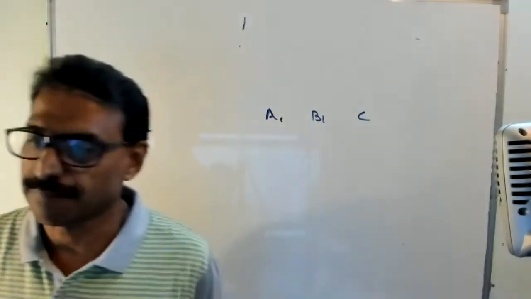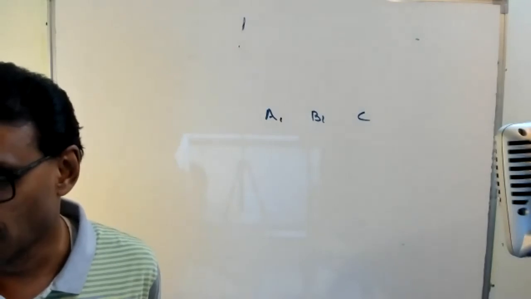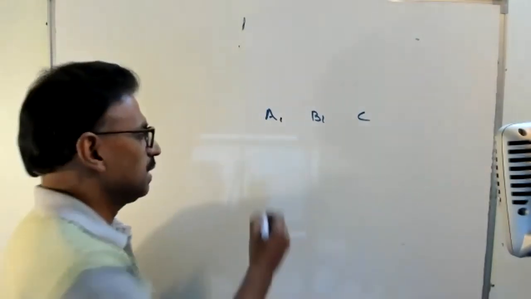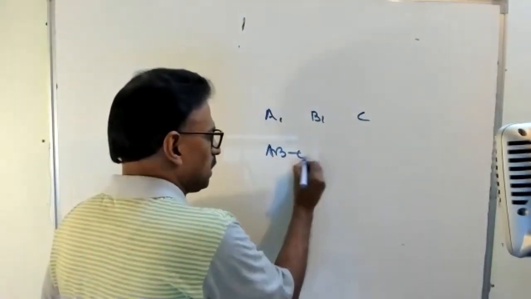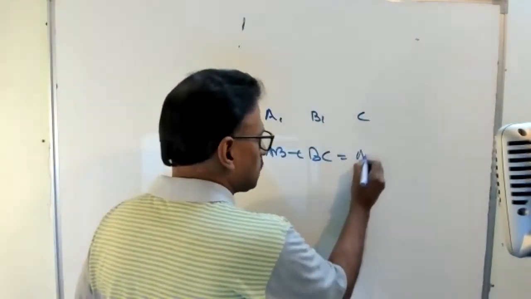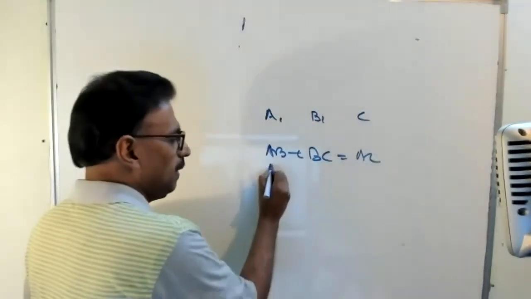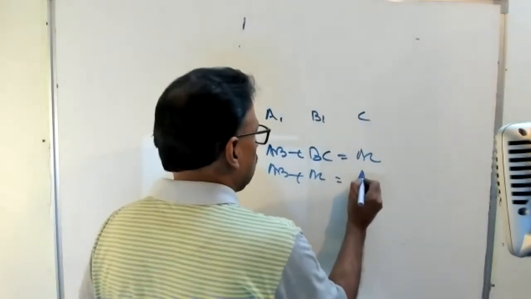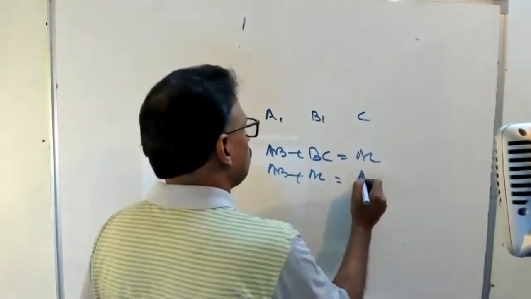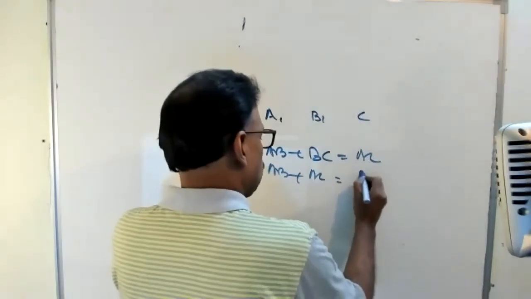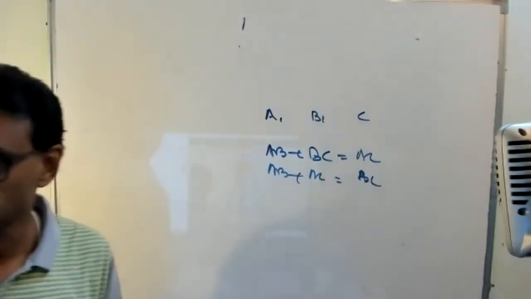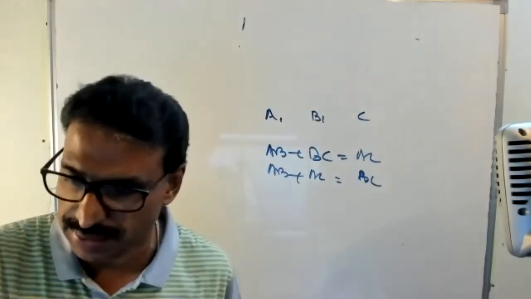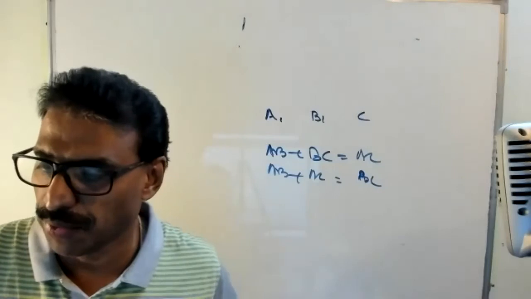Then what about collinear? Collinear means the sum of the two sides is equal to the third side. That means AB plus BC equal to AC, or AB plus AC equal to BC, like that. Then it is collinear.